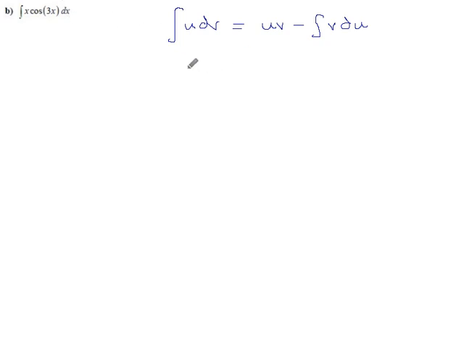So the things we must find to make this formula work are a u, a du, a v, and a dv. I want the u to be something that gets simpler when it's differentiated, so the obvious target is our x here. If u is x, then du is dx.